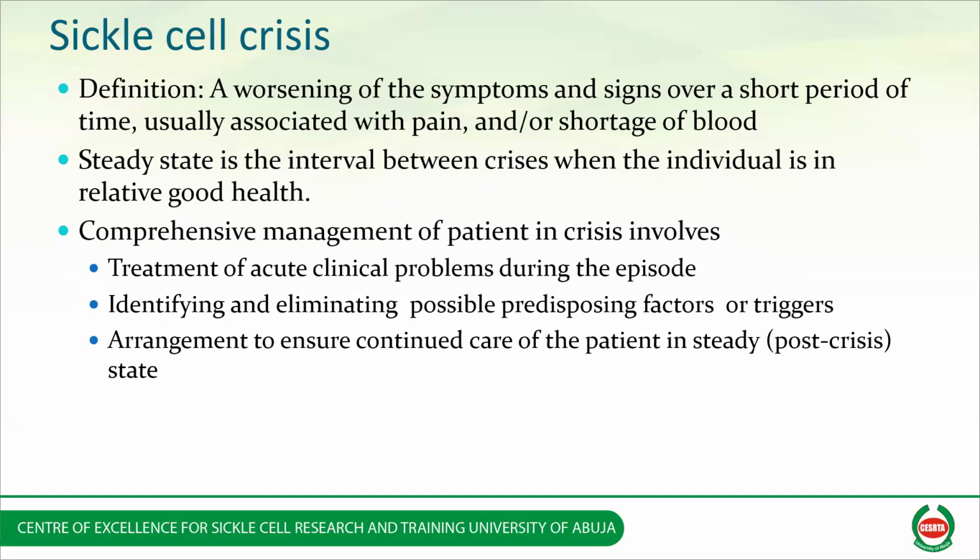Comprehensive management of a patient in crisis involves treatment of acute clinical problems during the episode and identifying and eliminating possible predisposing factors or triggers, and arrangement to ensure continued care of the patient in steady or post-crisis state.